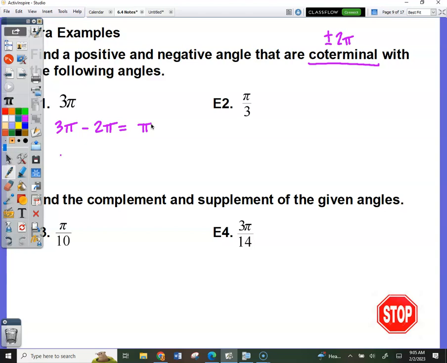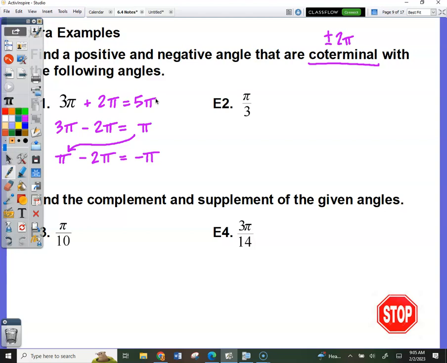And then you would take that and take another 2 pi off to end up with negative pi. You didn't have to do that. You could have just said 3 pi plus 2 pi is 5 pi, so that's another possible positive coterminal angle. Either one works. You did have to get to negative pi though. That was a must.